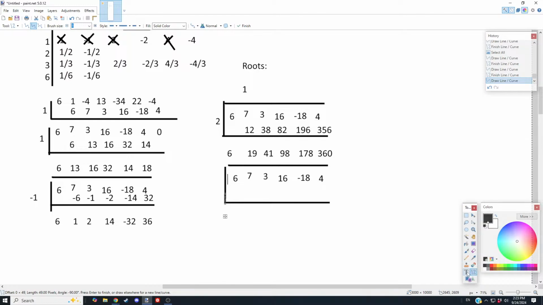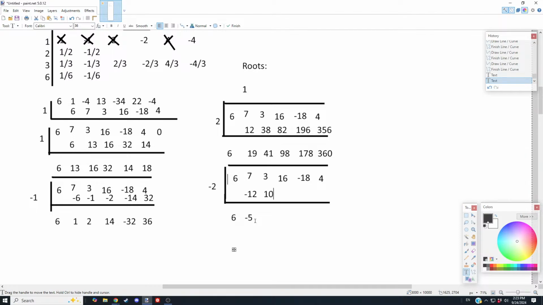Okay, so the next root we'll check will be -2. So we bring down the 6. 6 times -2 is -12. 7 minus 12 is going to be -5.